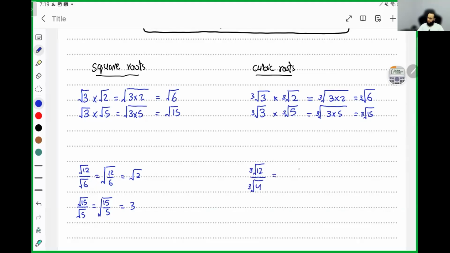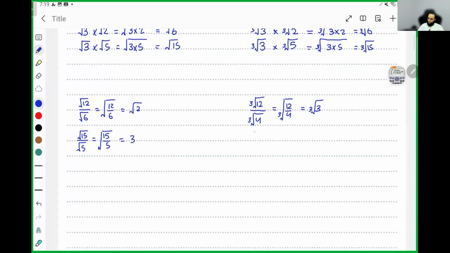It's going to be cubic root of 12 over 4, which is cubic root 3. If it is cubic root 15 over cubic root 5, cubic root 3.